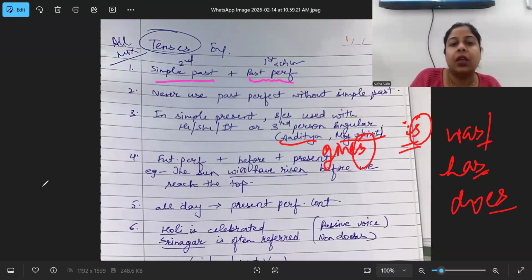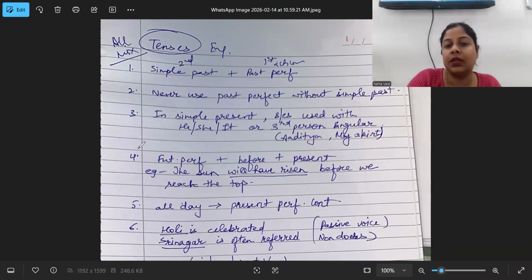Next. When we have future perfect plus before plus present. So, the sun will have risen before we reach the top. Here we are having before plus simple present. So with that context, we are using future perfect. Before plus present. Very good one.